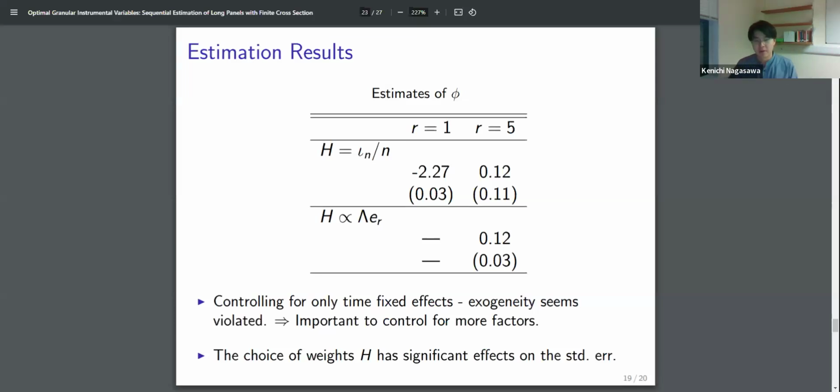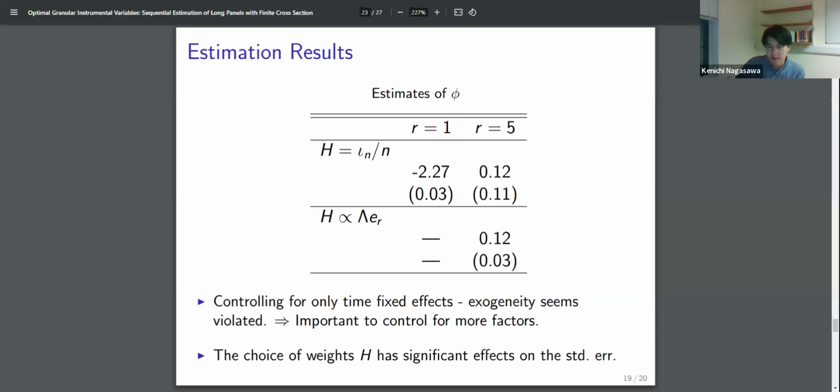First, in the left column, I have R equals 1, meaning that I just have time fixed effects to estimate the supply elasticity. As you can see, you get a negative estimate, which doesn't make sense. The interpretation of this result is that you are not including enough factors to address the endogeneity issue. So probably only including time fixed effects doesn't do in this specific empirical application.